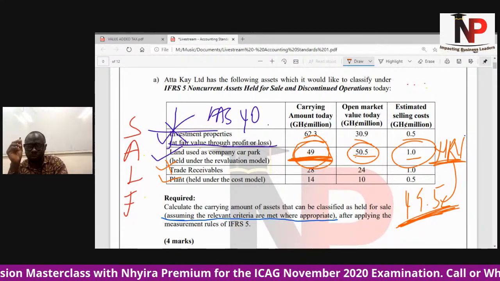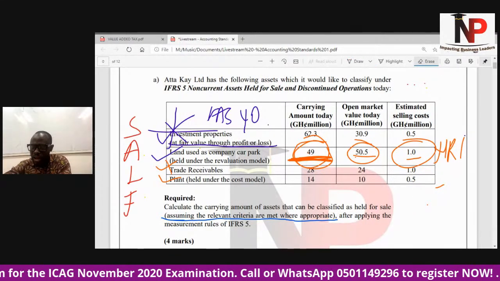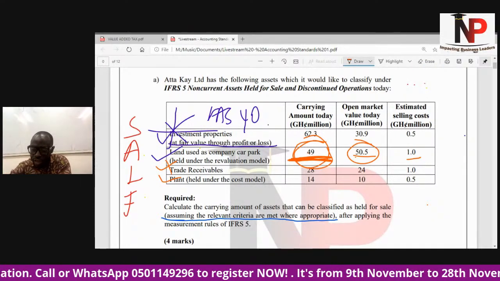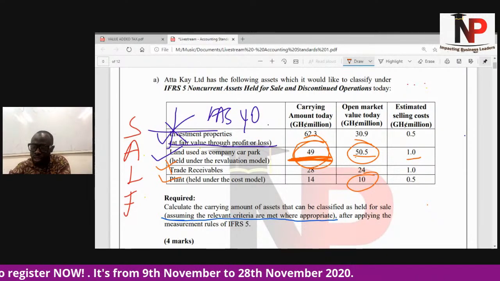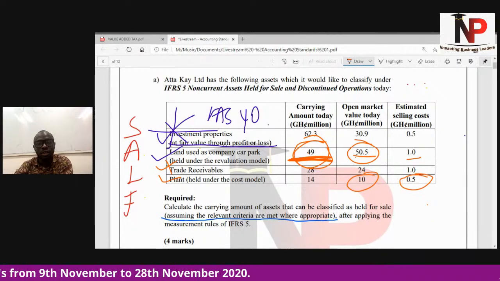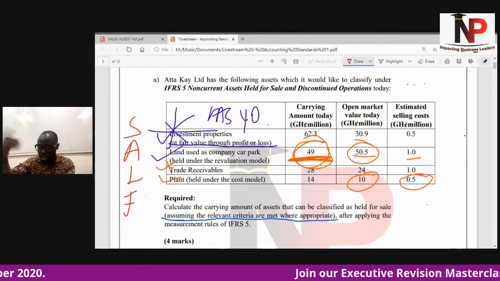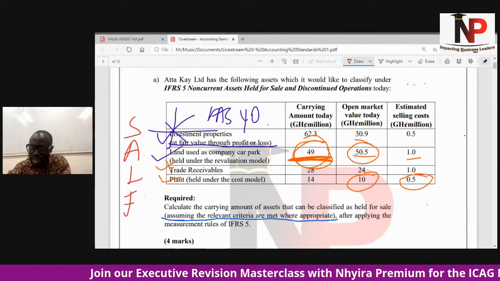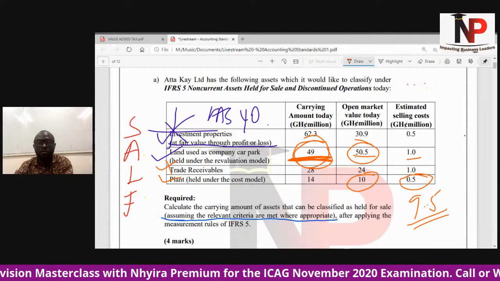But look at the sweet spots here. With the plant, how do we get a net realizable value? You will see that we have the open market value to be 10 million. Then we have the selling cost to be 0.5 million Ghana cedis. Forgive me about the currency. So when we subtract it, we get 9.5.